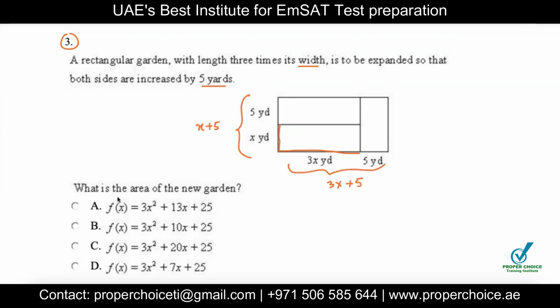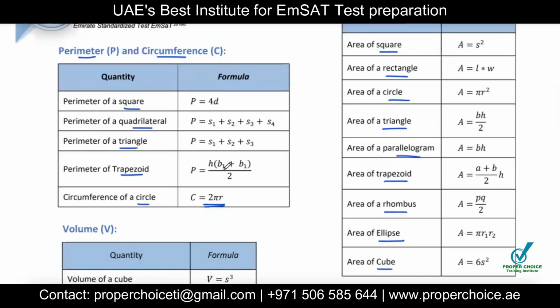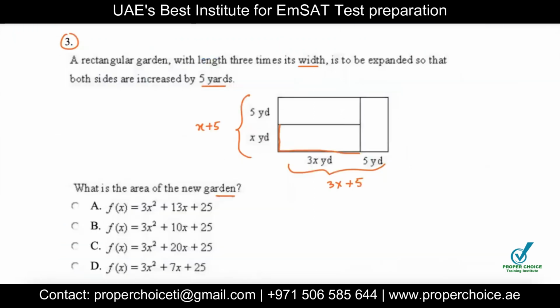Now the question is, what is the area of the new garden? What is the area of a rectangle? Area of a rectangle is length times width. You need to multiply length times width. So area is equal to length times width. Length is going to be 3x plus 5, multiplied by the width x plus 5.